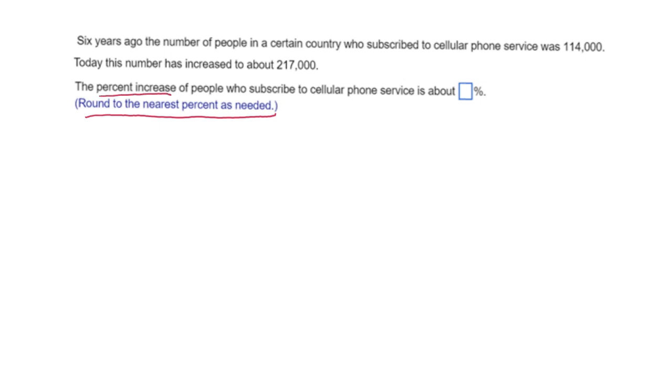So once again, I said they're going to give you two numbers. They gave us 6 years ago, so that's the original number right there, 114,000. Today, we're at 217,000. So once again, we're going for the percent increase.